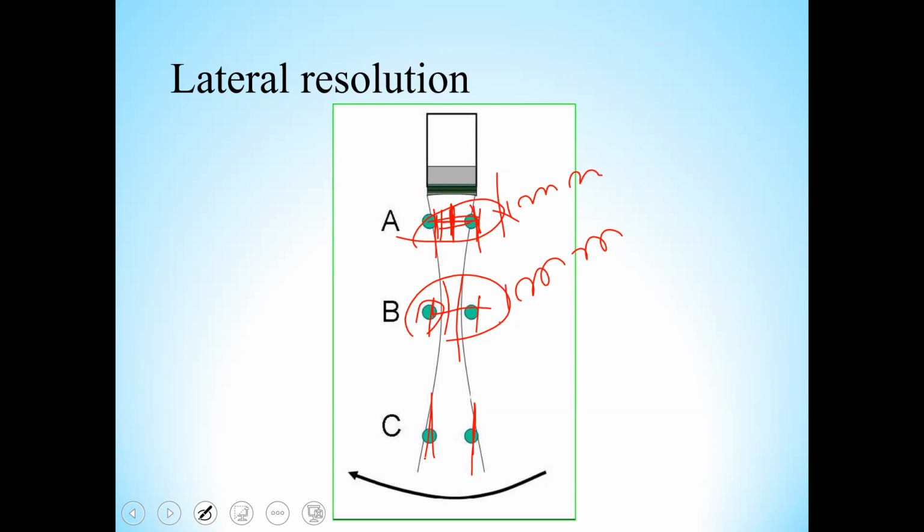So for achieving better lateral resolution, you have to use the narrow beam, and the beam could be narrow by placing the structure of interest at the focal point.